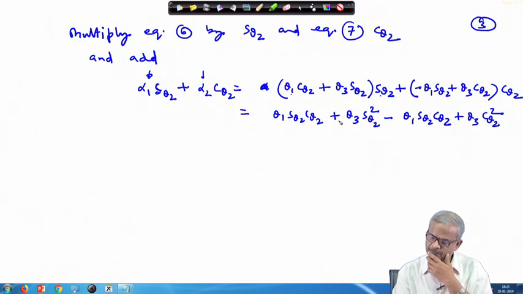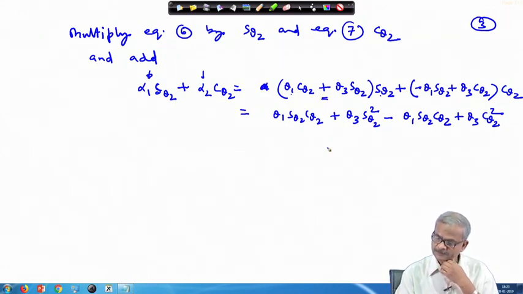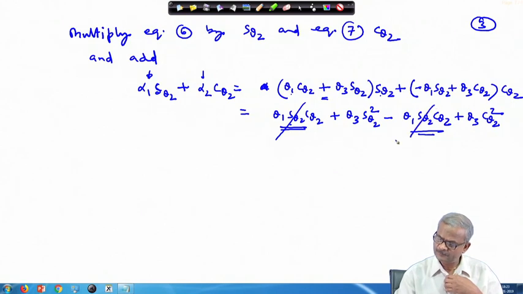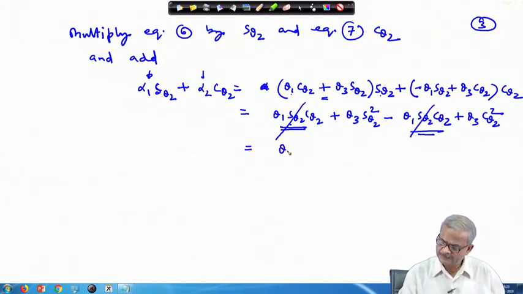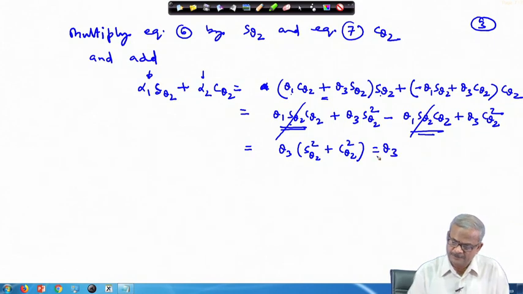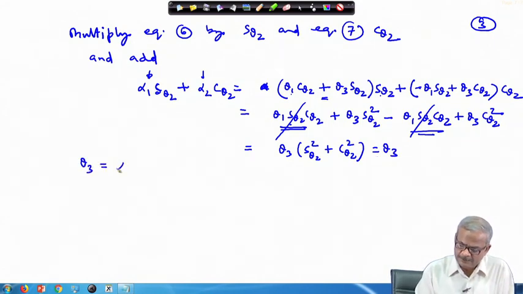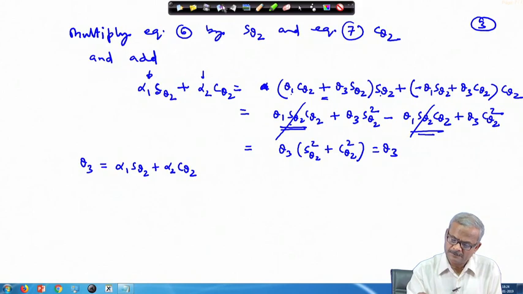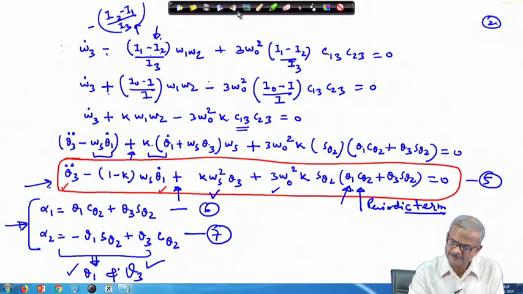Now, we can see that these two theta 1 terms cancel each other, and therefore this is theta 3 times s theta 2 square plus c theta 2 square. So, this is theta 3. So, theta 3 we have got in terms of alpha 1 s theta 2 plus alpha 2 c theta 2. This we have written here as alpha 2; I will change it to the notation alpha 3.